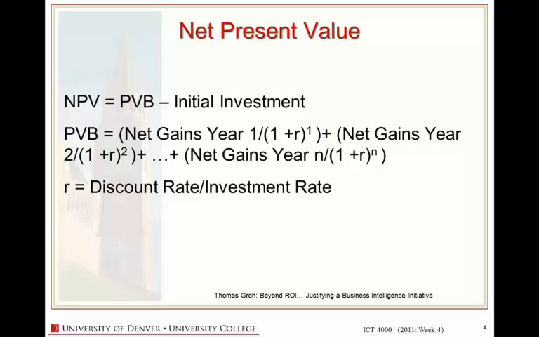Where R is the discount rate and that exponent n represents the year. I'm sure if you're not mathematically inclined, this might be a little daunting. So let's take a breath, let's move on and break this down piece by piece.